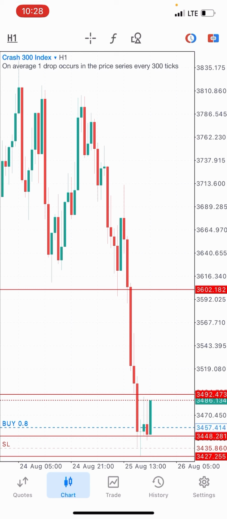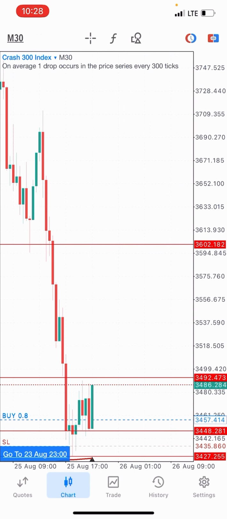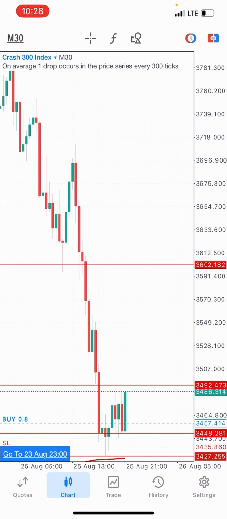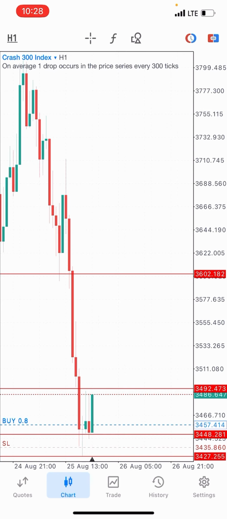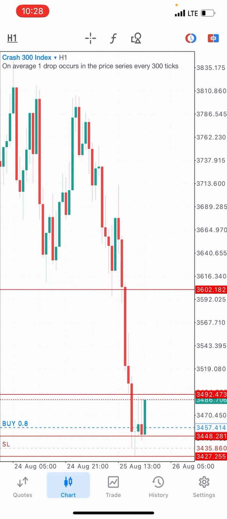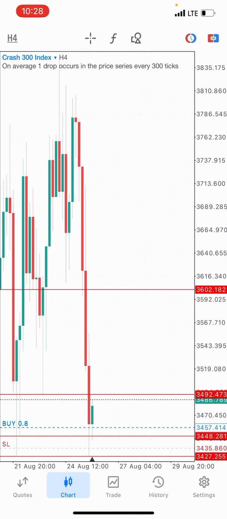So I just opened a few positions there on Crash 300. I'm buying Crash 300, and I'm using price action to trade it. I'm not using any indicator at all, completely just Crash 300.